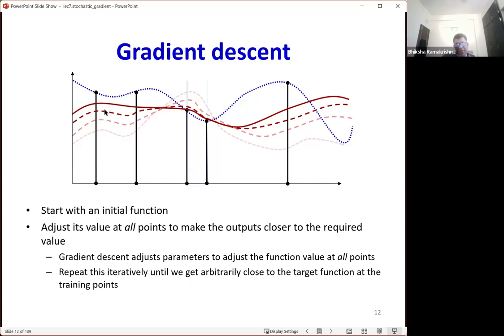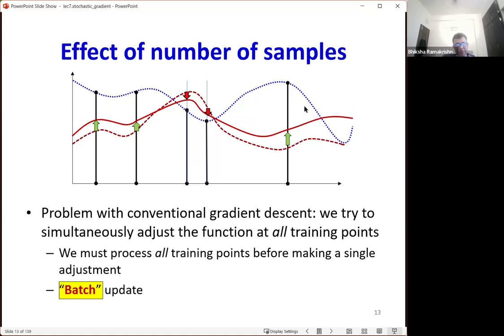And so the overall gradient gets contributions from every single training point. So this is your conventional gradient descent. We try to simultaneously adjust the function at all the training points. So this means we must process all the training points before we make a single adjustment. This is what is called a batch update.